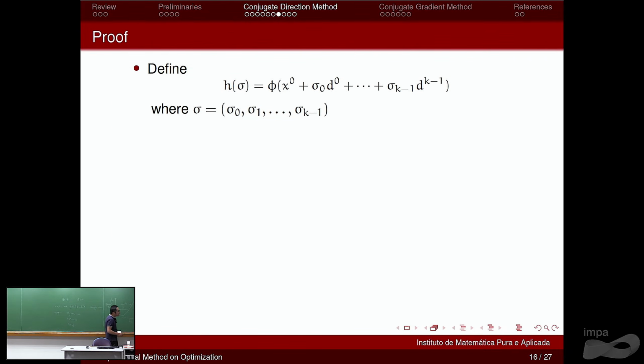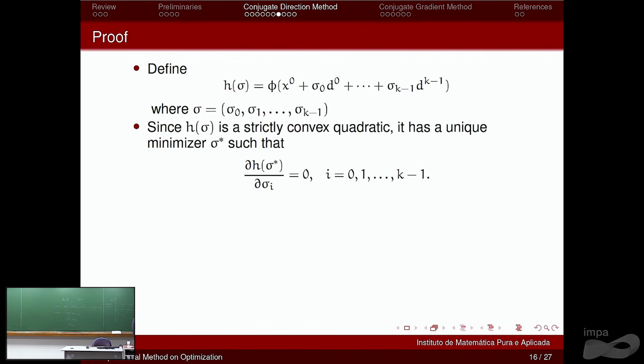First we define this h of sigma, which equals phi at this point, where sigma is a vector consisting of sigma 0 to sigma k minus 1.